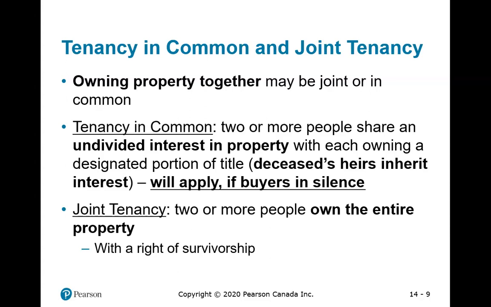So, joint tenancy is usually good. There's a tax benefit here. There's cost benefit. So let's say two people own as tenants in common. When one passes away, their part will go to their heirs.